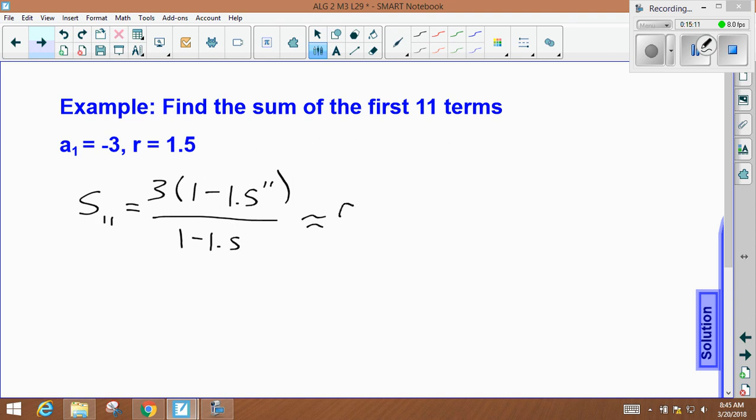I get approximately 512.985. Boom. And we just put that on our calculator all at once, right? And it shall work.